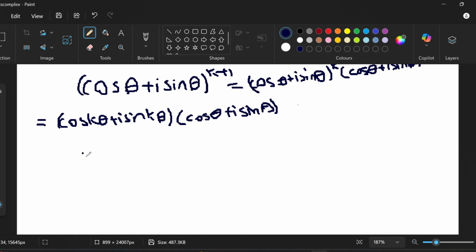And now we're going to expand using the distributive law like we did before.